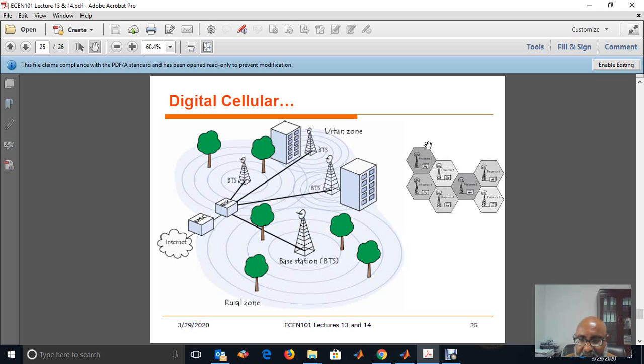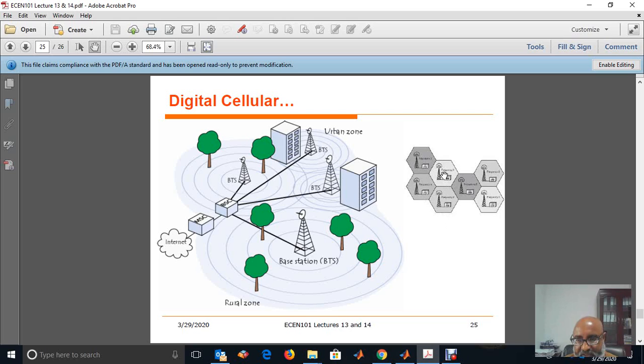So each base station serves a certain cell, and we call this cellular communication, because this is a cell. You see here the shape of it looks like a cell. The base station can be at the center or somewhere else depending on the design.